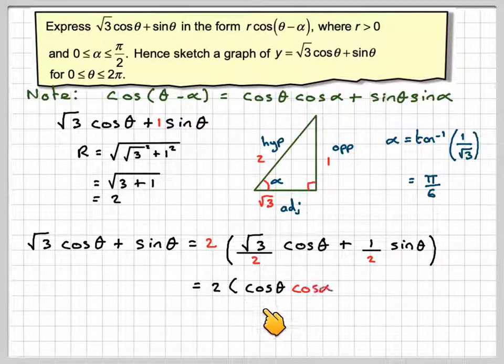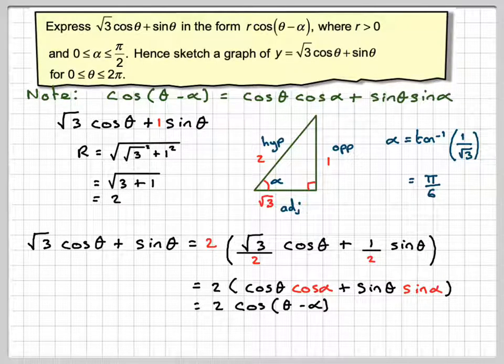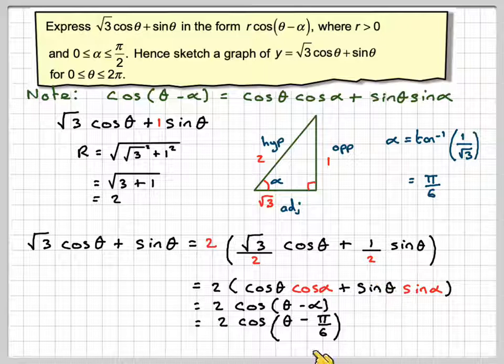So that becomes 2 bracket cos theta, this is cos alpha, plus sine theta sine alpha, and then using the compound angle formulae, this becomes 2 cos(theta minus alpha), and that's 2 cos(theta minus pi by 6), because alpha is pi by 6. So we have now got it in the form of r cos(theta minus alpha), as required.